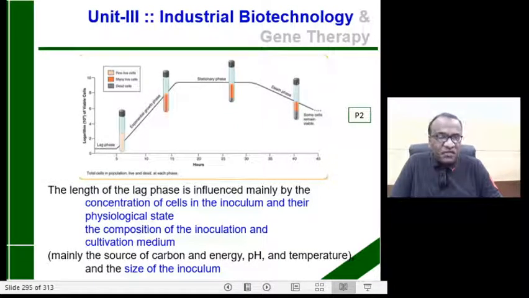Got it? So reduce the length of the non-productive, non-efficient periods in the growth curve of the cells, so that you end up achieving a higher rate of product synthesis, optimized productivity, and maximized yield of the end product.